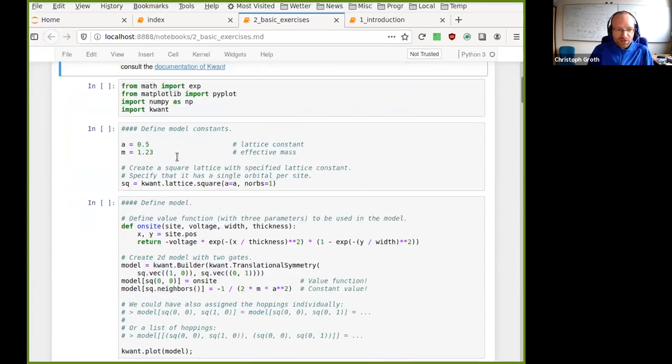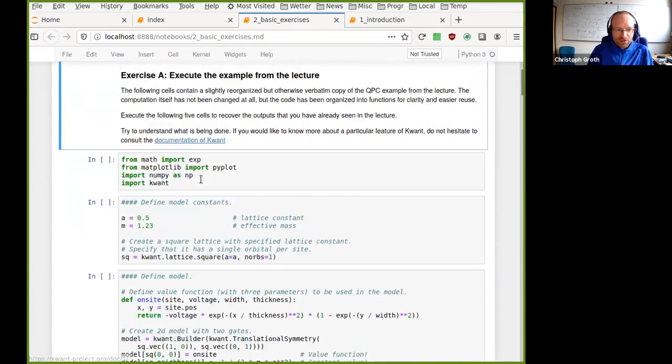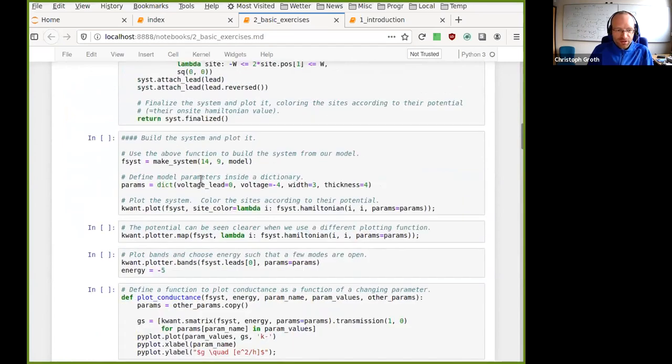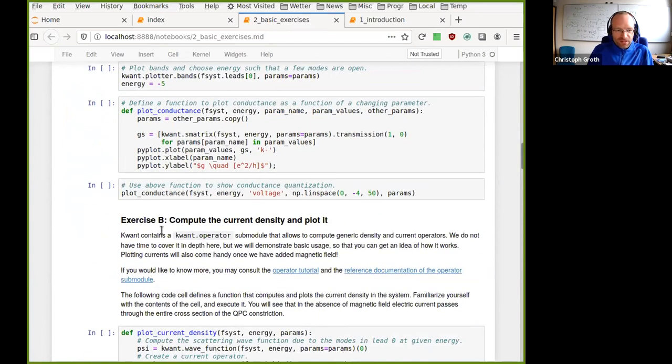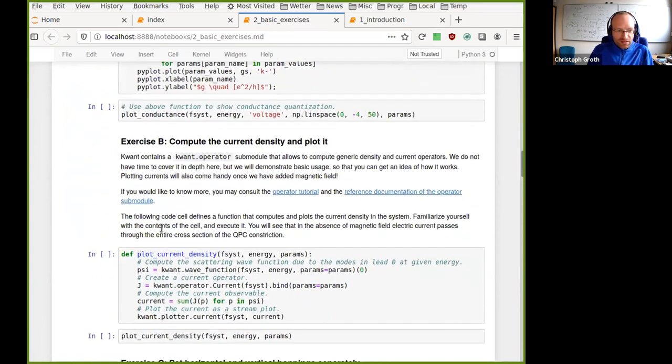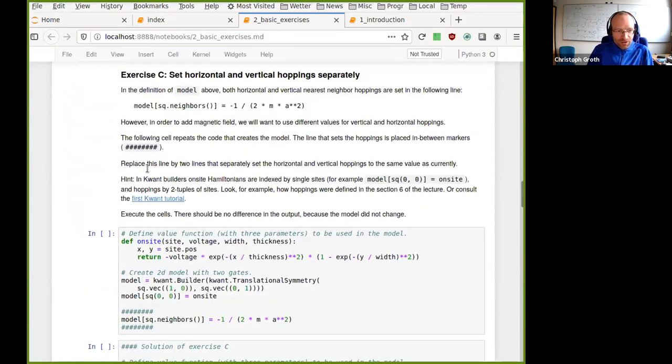For example, in the exercises which I made, the first cells are just to be executed, and then there is actually an exercise, and in the exercise, later, you are invited to modify some code to try yourself, and I have followed the convention that the code which is supposed to be modified is between these markers made from 8 hash signs.